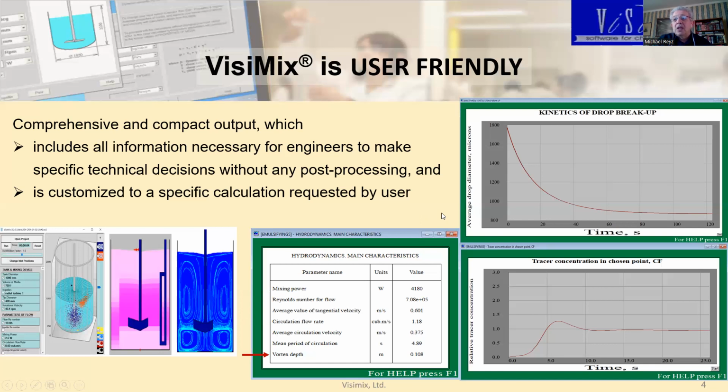Right now, let's take a look at another couple of plots. First of all, this is kinetics of drop breakup, which I showed in my demonstration. But if we want something more specific, we have here a tracer concentration in a chosen point for a continuous flow reactor.